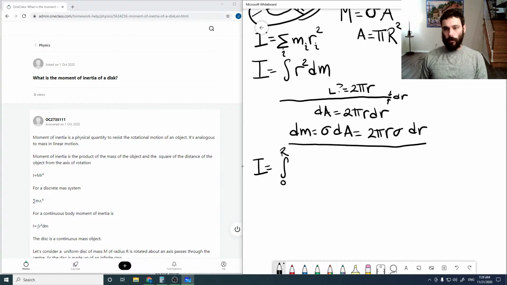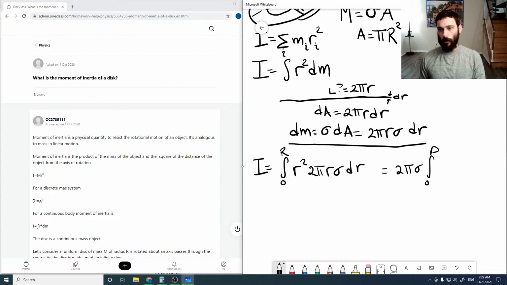And that'll be just r squared times our dm, which is 2 pi r sigma dr. 2 pi and sigma are just constants, so they can come out front, and the r will give us 2 pi sigma integral from 0 to r of r cubed dr.